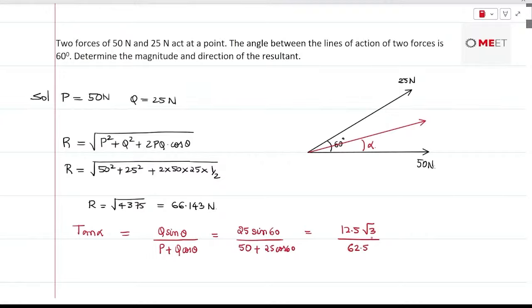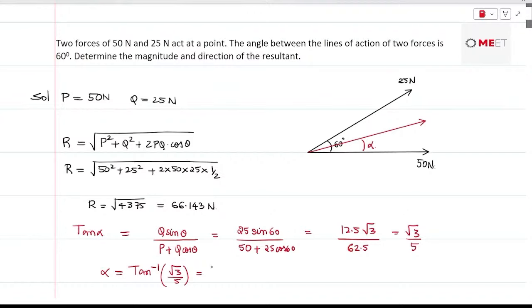That is root 3 by 5. So tan inverse of root 3 by 5. So this is approximately equal to, root 3 is 1.732, so 1.732 divided by 5, that is 0.34, and tan inverse of 0.34 is actually 19 degrees.